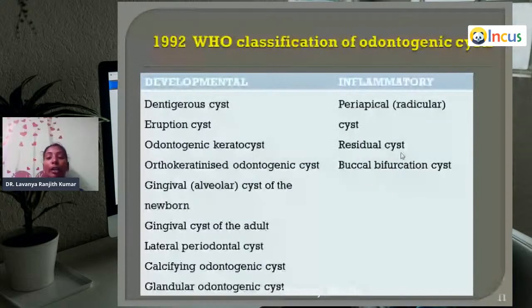Coming back to periapical cyst, residual cyst, and bifurcation cyst.